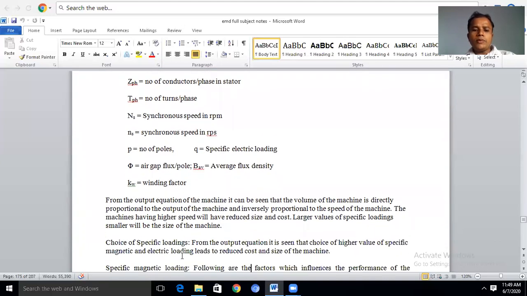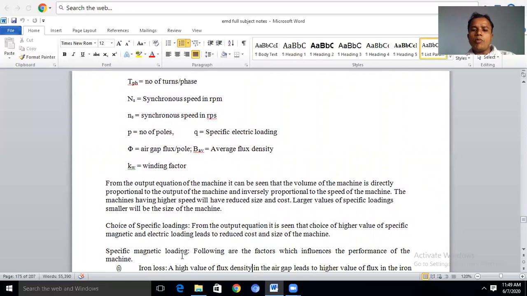From the output equation of the machine, it can be seen that the volume of the machine is directly proportional to the output of the machine and inversely proportional to the speed of the machine.